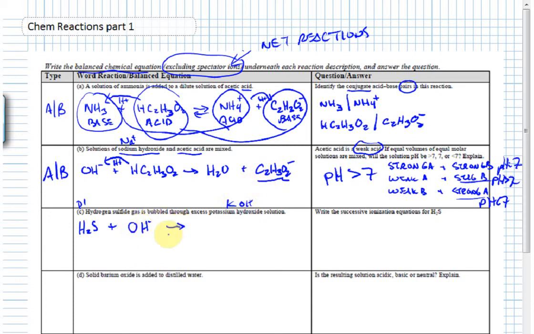The reaction is, again, an acid-base reaction. Hydroxide reacts with H. Notice that there are 2 hydrogens out front. Dihydrogen sulfide is a diprotic acid. Therefore, I'm going to need 2 hydroxides to react with the hydrogens. The result of my reaction is going to be 2 H2O plus S2 minus.